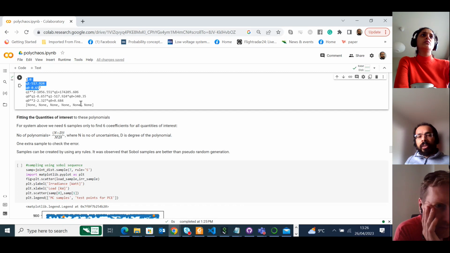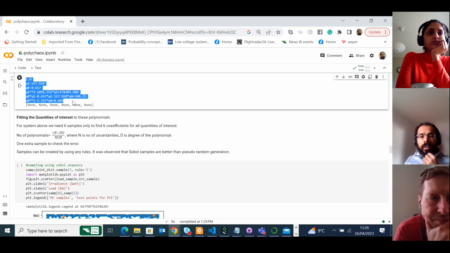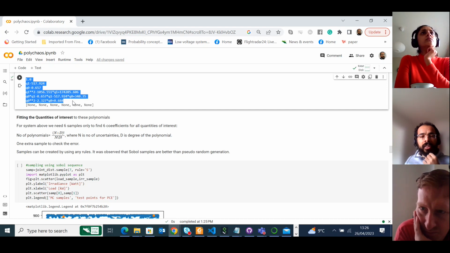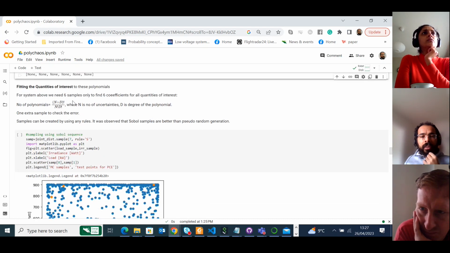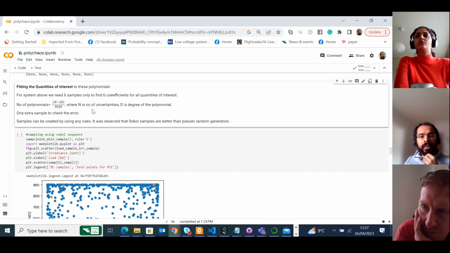If we want to write our quantity of interest Z in terms of these, we need 6 coefficients. The non-intrusive method is all about finding those 6 coefficients, and for that we need 6 samples, which depends on the number of polynomials, given by this function. If your number of uncertainties or number of degrees increases, then the number of samples required increases.